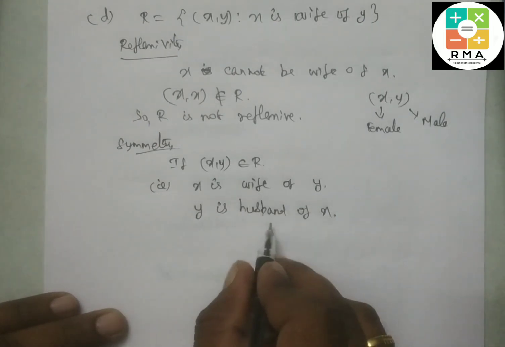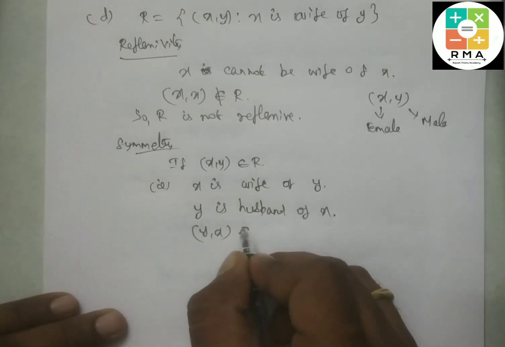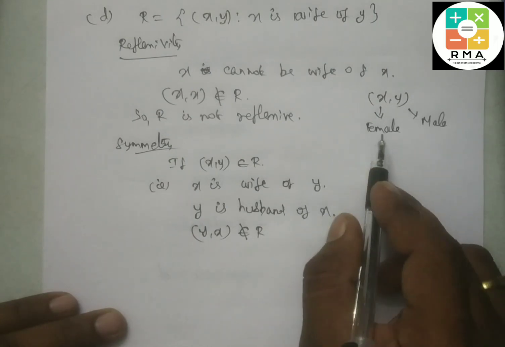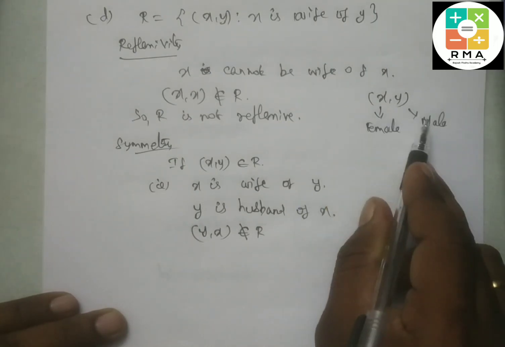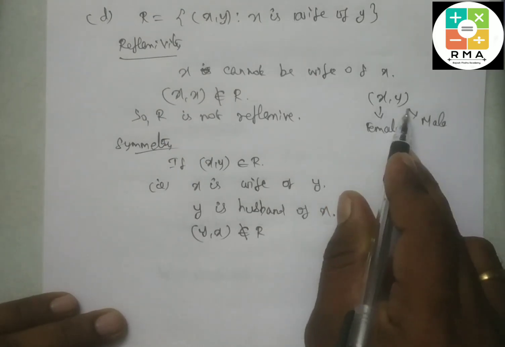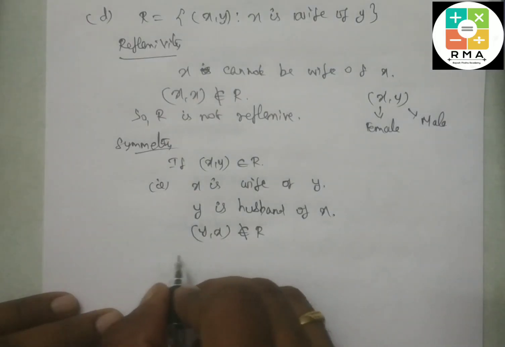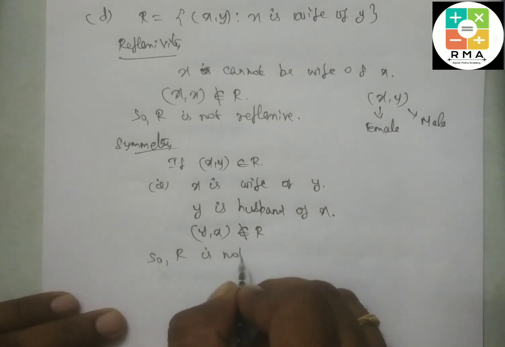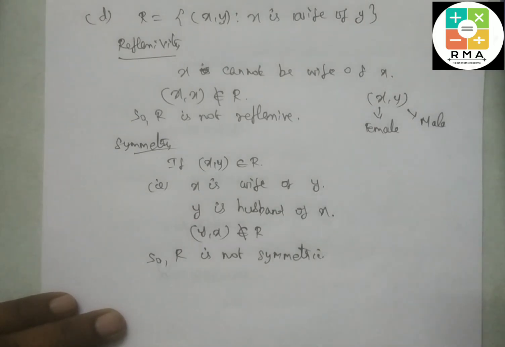The relation is not coming here. So clearly (y, x) does not belong to R. Clear? Because in (x, y), x is female and y is male, x is wife of y. But reversing, y must be husband of x. So (y, x) does not belong to R. So what can I decide? R is not symmetric.